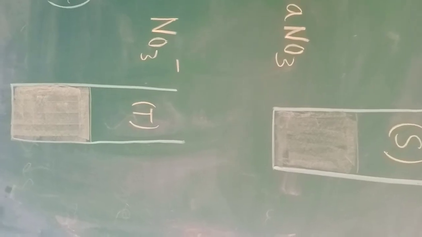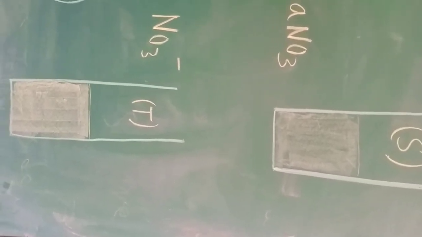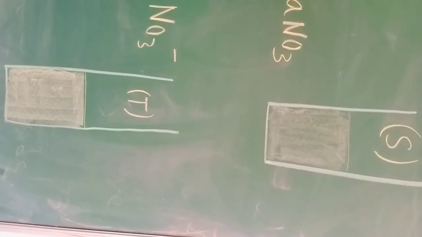So, if this is the turbidity or opalescence of silver chloride produced in the test, and this is the turbidity or opalescence of silver chloride produced in the sample, when we compare both of them, we can see that turbidity produced in the reference, that is standard sample, is less than the turbidity produced in the test sample.